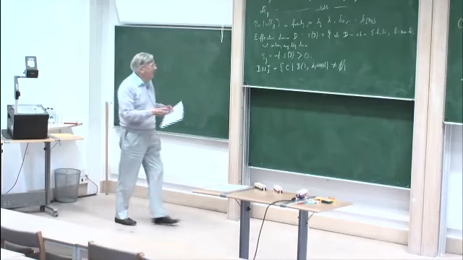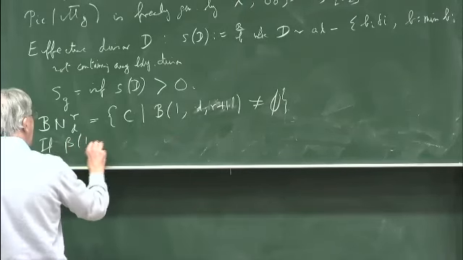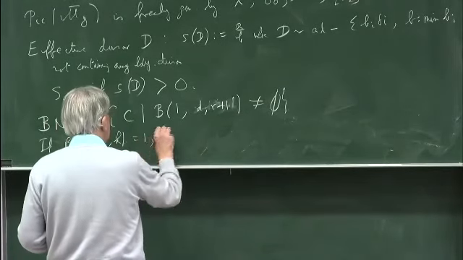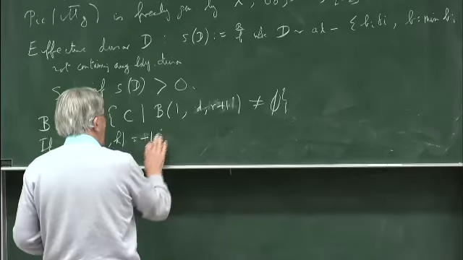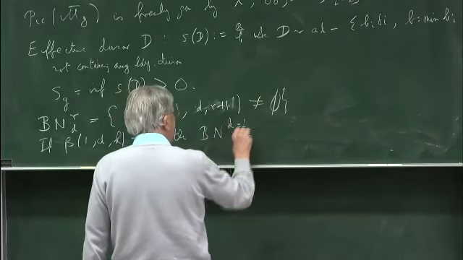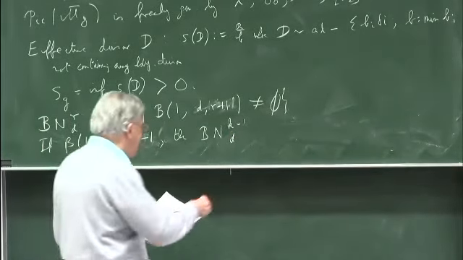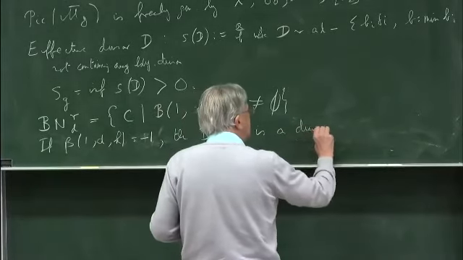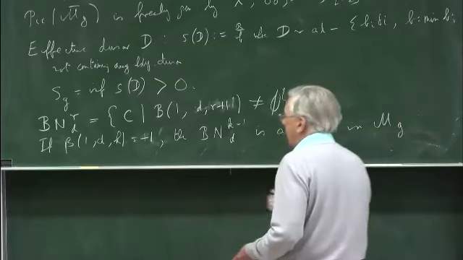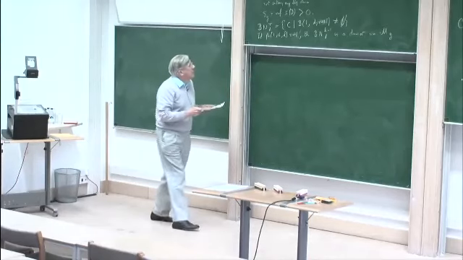Okay, now, I seem to be changing notations a bit here, but if beta of 1, d, k is equal to minus 1, and now I'm doing what I would normally do, I'm replacing the r by k minus 1 here, then BN^{k-1}_d is a divisor in M_g.